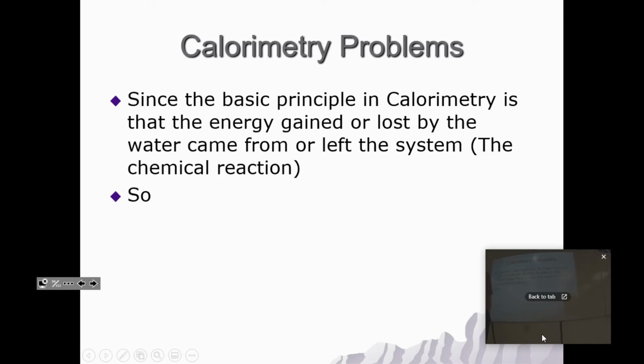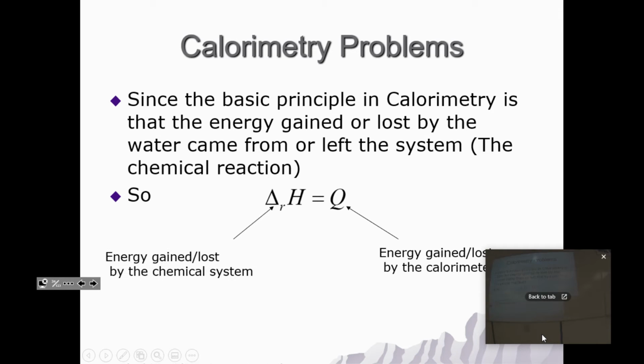So if I lose energy from the system, the calorimeter will gain the exact amount of energy that we lose. Is a calorimeter perfect? No, but it is a fairly good estimation that we can use for our calculations. It is based on this principle: the energy gained or lost by the calorimeter is equal to the energy gained or lost by the system.